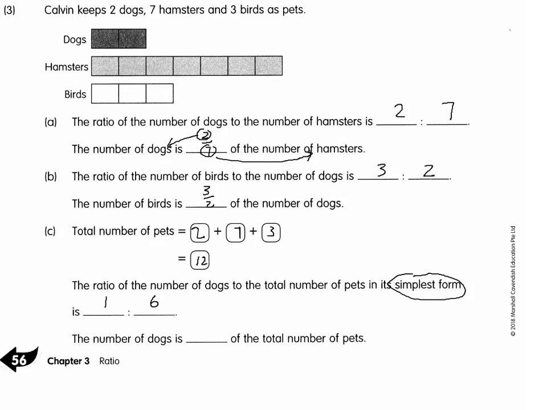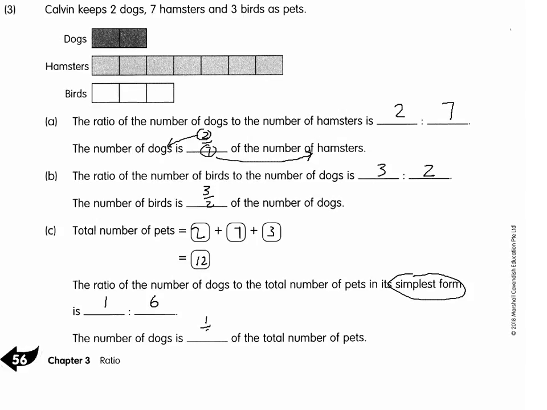You must change it on your own. Now, when they say the number of dogs is blank of the total number of pets, Yun Song, 1 over 6. We do not say 2 over 12.